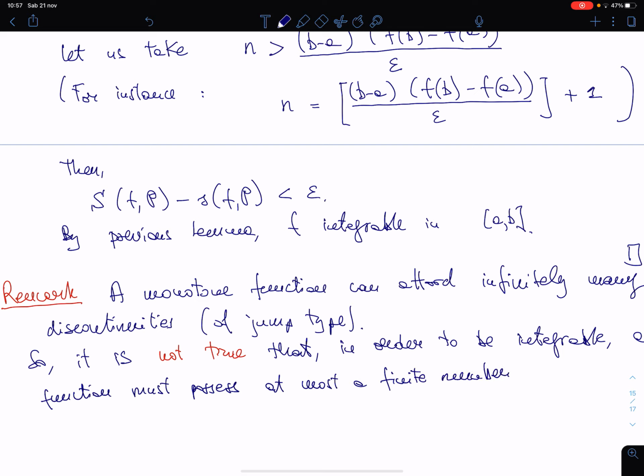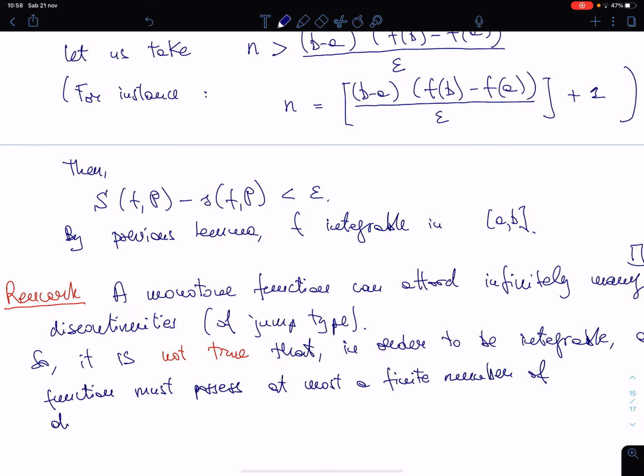Okay, this remark is just psychological.